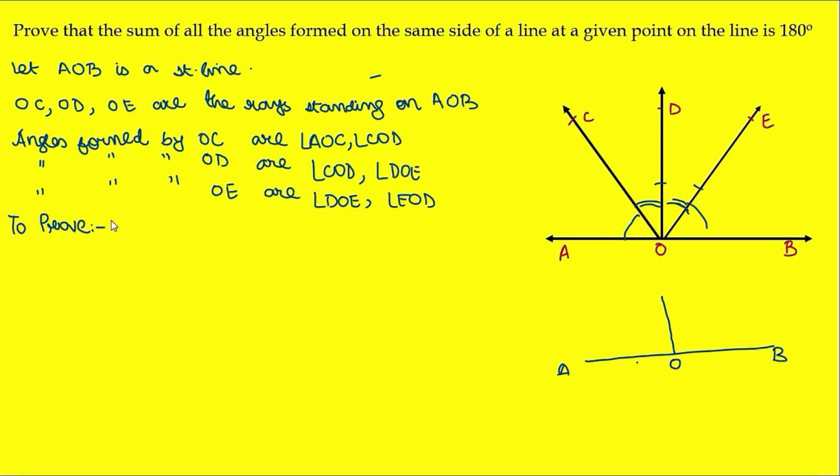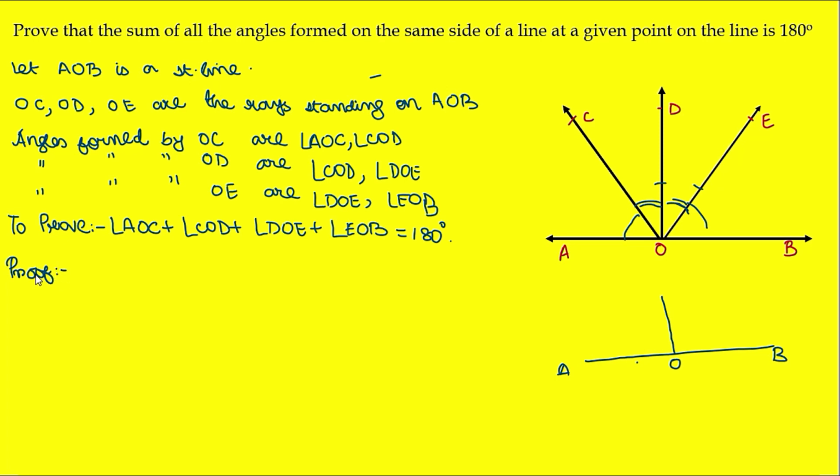Prove that angle AOC plus angle COD plus angle DOE plus angle EOB will give us 180 degrees. There is nothing much for the construction. You don't need to construct anything, so we will straightaway go to the proof.